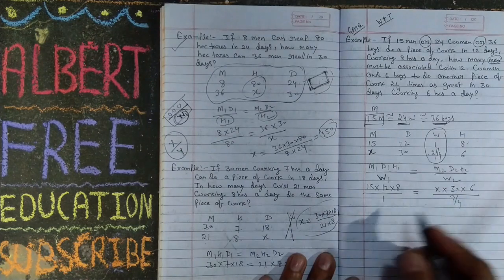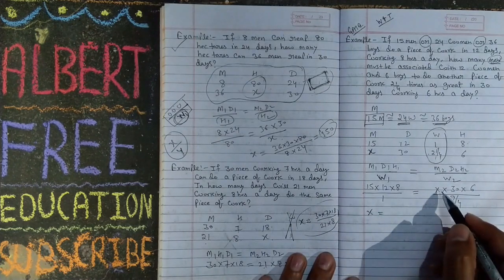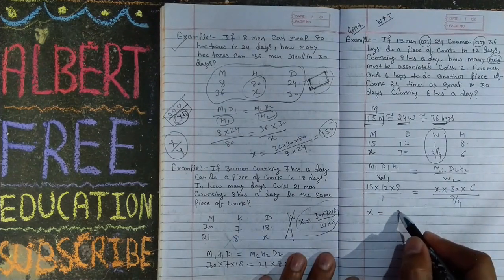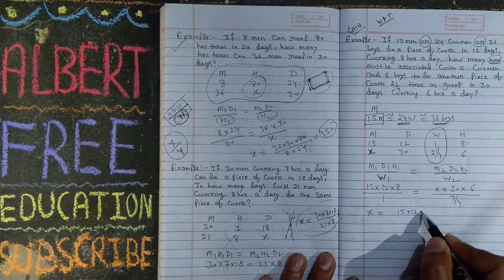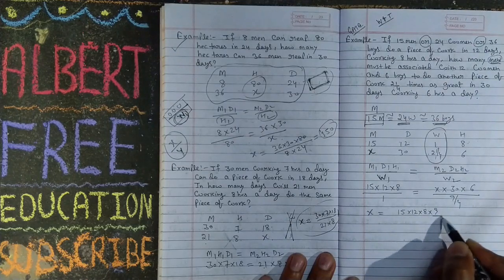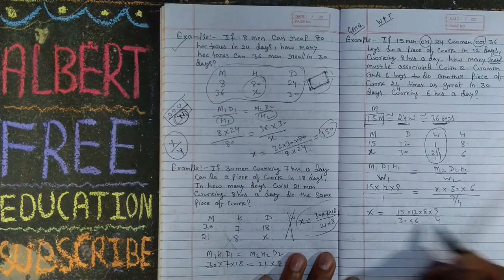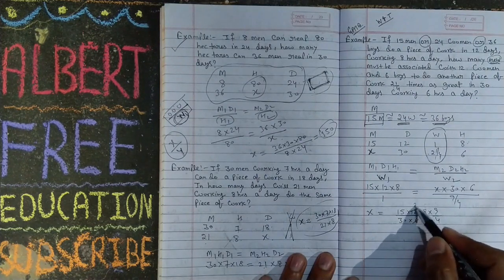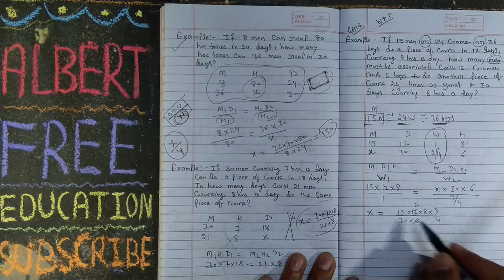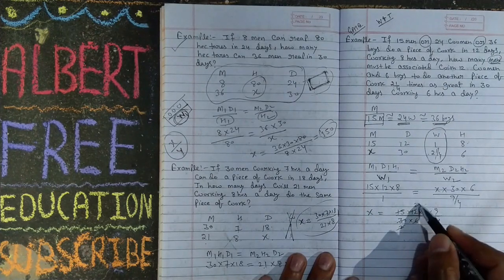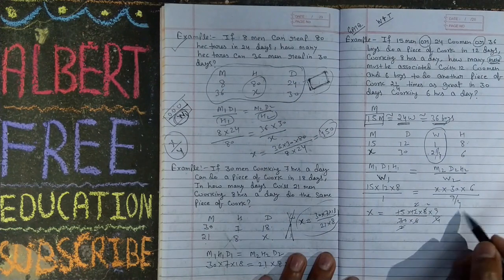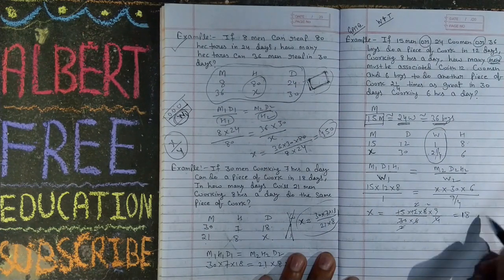If you multiply and solve, X is equal to 15 into 12 into 8 into 9 upon 4, and this value will come here, 30 into 6. So 6 to the 12, and 15 to the 30, 2 to cancel, 4 to the 8, 9 to the 18. So total 18 men.